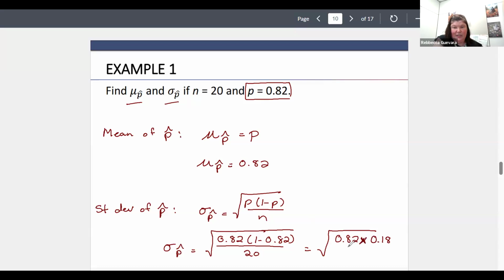We'll put a times in between so we know it's multiplication, divided by 20. I wrote a number down wrong there. So that is 0.82 times 0.18 divided by 20, and we're taking the square root of 0.00738.